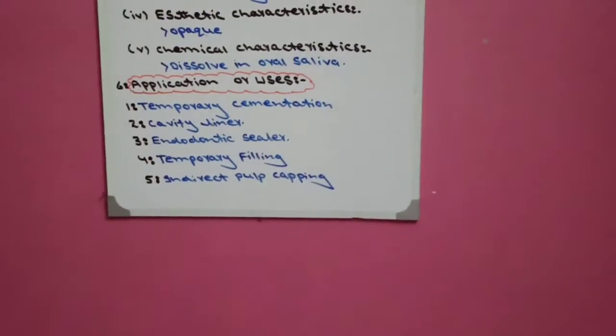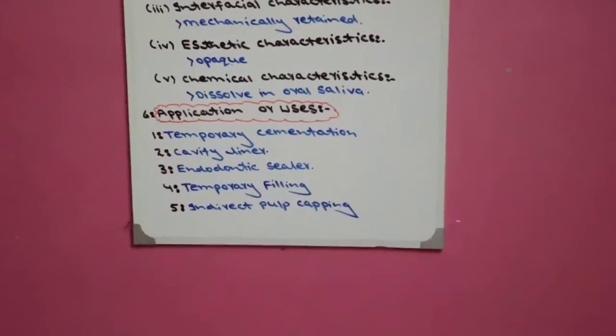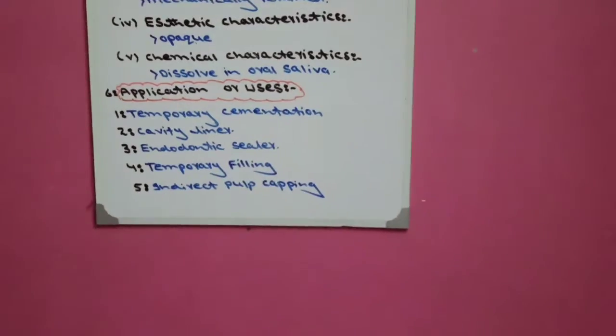What is the difference between direct pulp capping and indirect pulp capping? When we prepare the tooth cavity, if we completely expose the pulp, then we place calcium hydroxide directly above the pulp. It is known as direct pulp capping. But what is indirect pulp capping? When the pulp is not completely exposed, above the pulp there is a small amount of dentin present.